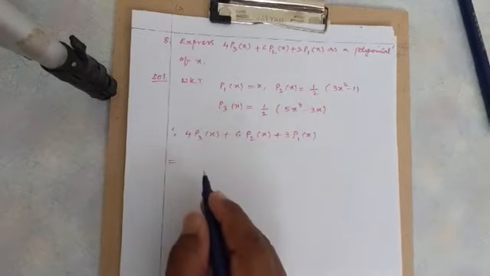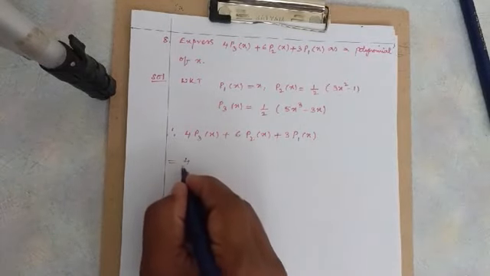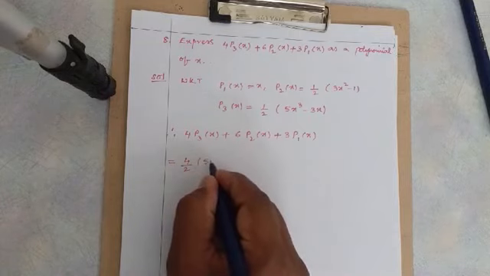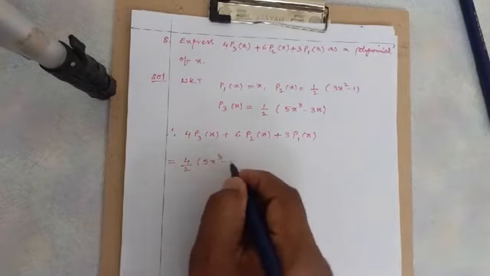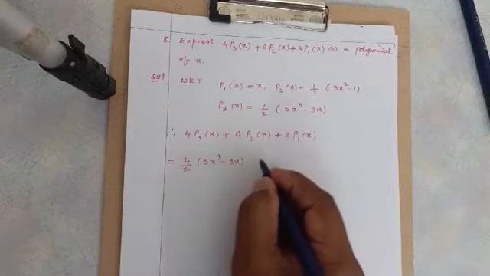So if you substitute that, I write here 4/2, and in bracket (5x^3 - 3x).